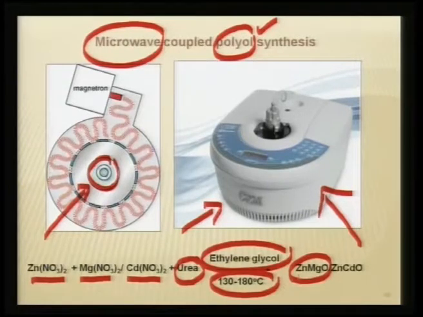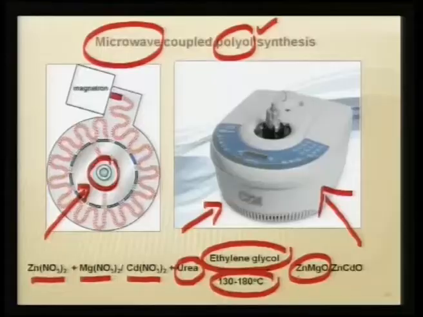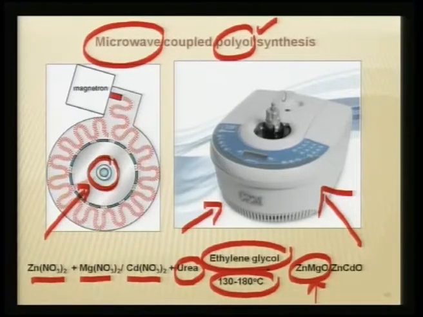This is a very clean reaction because you seldom get any side products except for the salts of the metals which go out as mineral acid. So, it is a very viable reaction. This way you can alloy with magnesium or with cadmium.